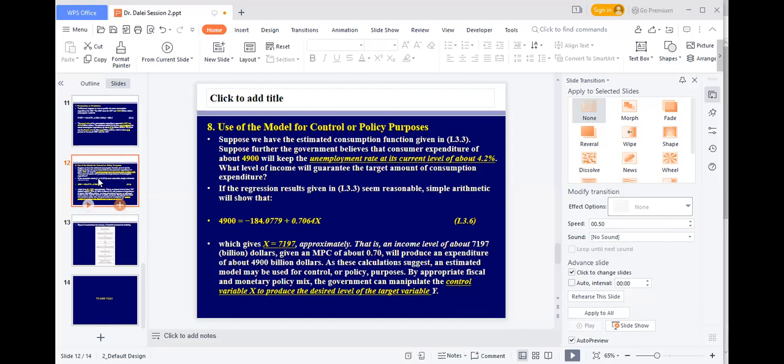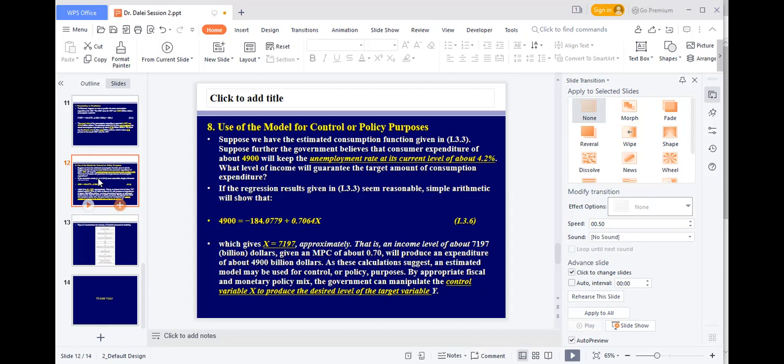So the last step is the use of the model for control or policy purposes. Suppose we have the estimated consumption function. Suppose further the government believes that consumer expenditure of about 4,900 will keep the unemployment rate at its current level of about 4.2%. What level of income will guarantee the target amount of consumption expenditure?